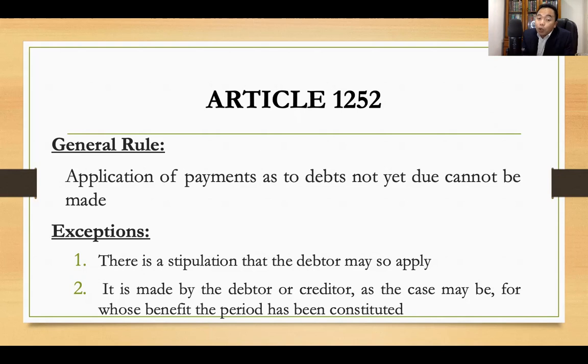But that will apply only if the period has been constituted in favor of the debtor. On the other hand, if the period has been constituted in favor of the creditor, then obviously the debtor may not opt to apply the payment to debts which are not yet due. Okay?